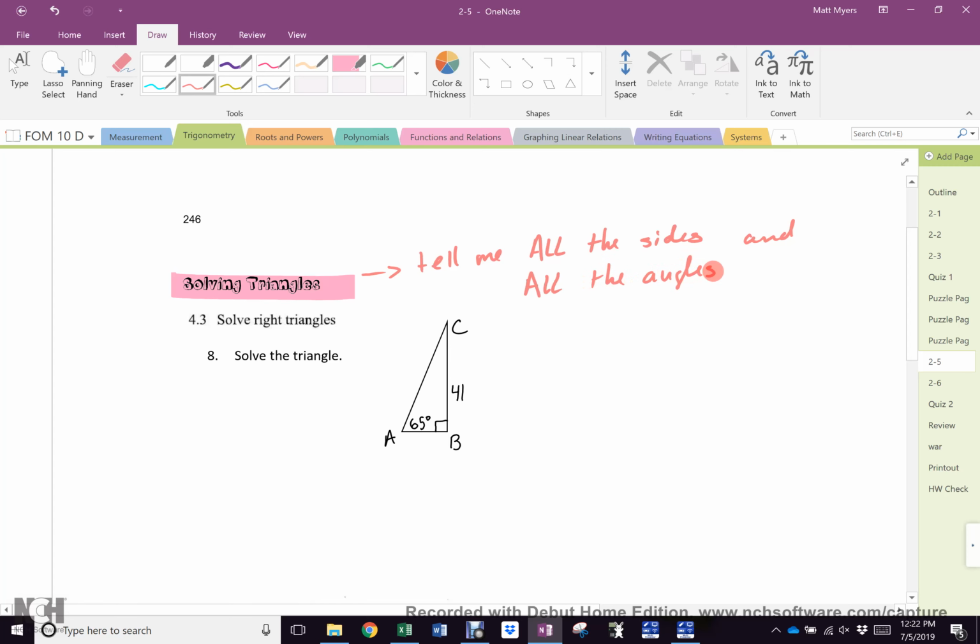So, solving a triangle means you tell me all the sides and all the angles, which means you have sine, cosine, tangent, and Pythagoras all available to you. Since all four of them are available to you every time, there is no right way or order to do this.